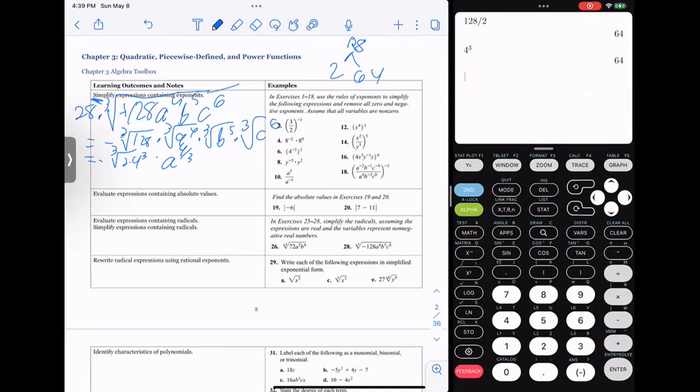So just keep in mind that generally speaking, if you have x to the a over b, that's the same as saying b root of x to the a. So for cube root of a to the 4th, I can rewrite that as a to the 4/3.